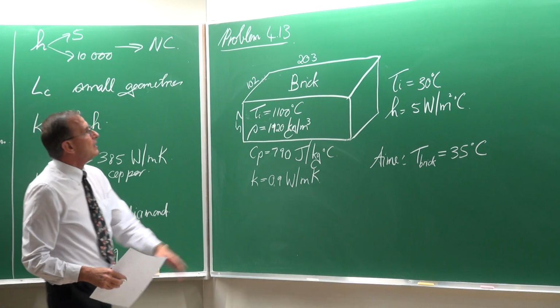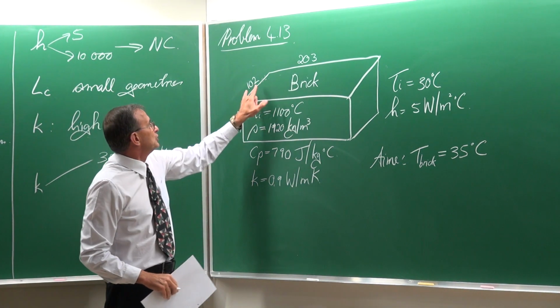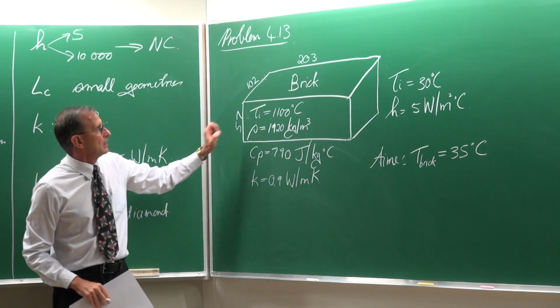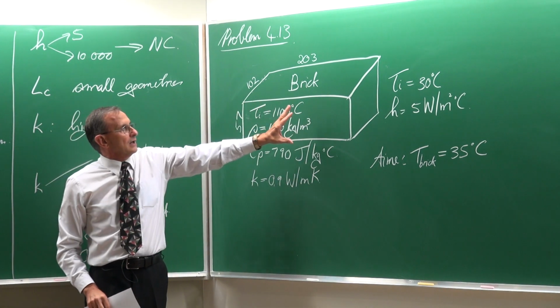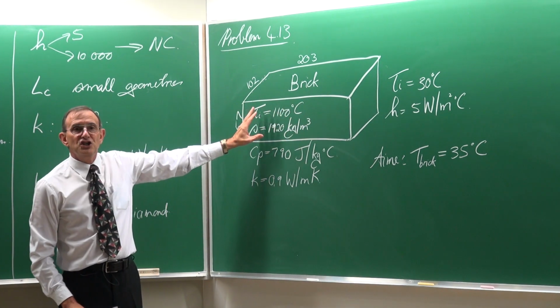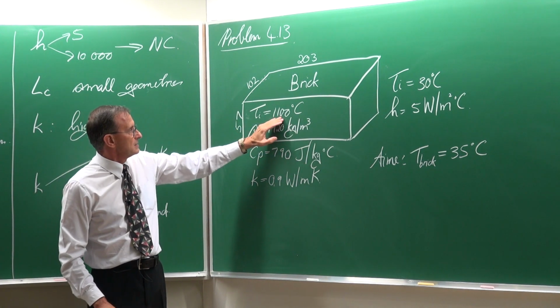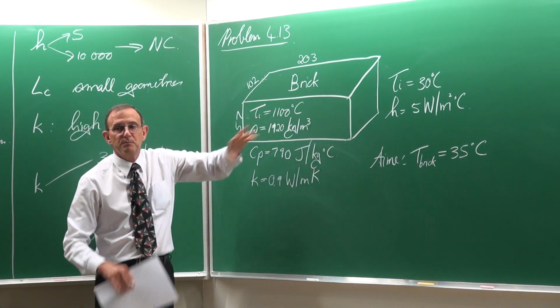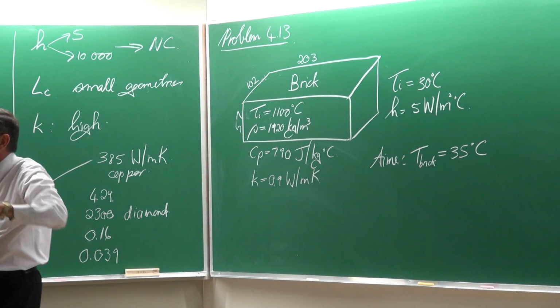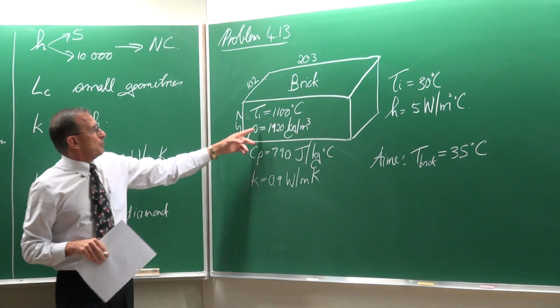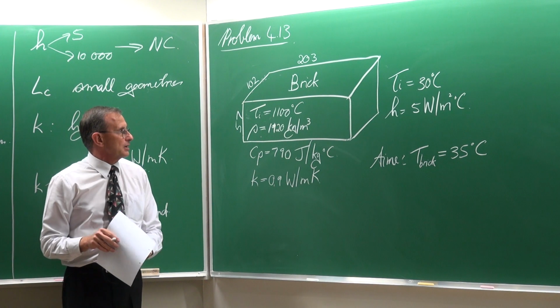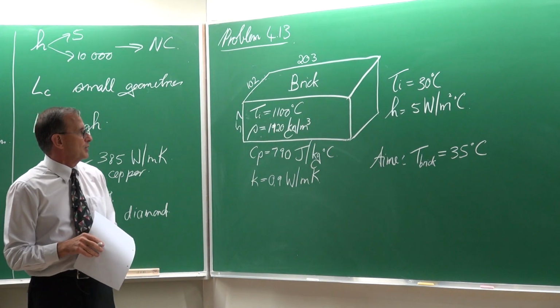It's a brick, 203 millimeters, 102 and 57 millimeters. It was baked. The initial temperature in it is 1,100 degrees Celsius, and this temperature is the temperature everywhere, so it's the uniform temperature. The properties of the brick is 1,920 kilograms per cubic meter.